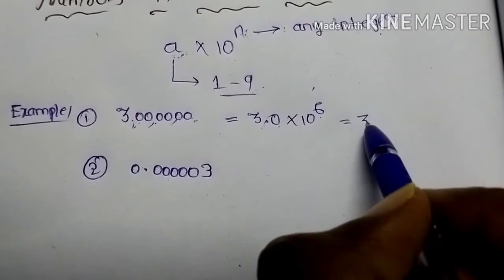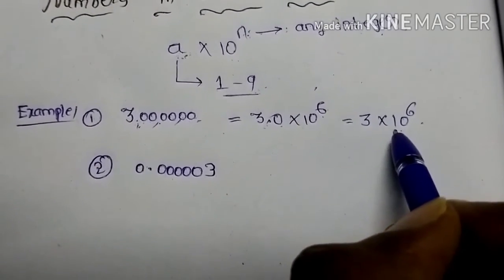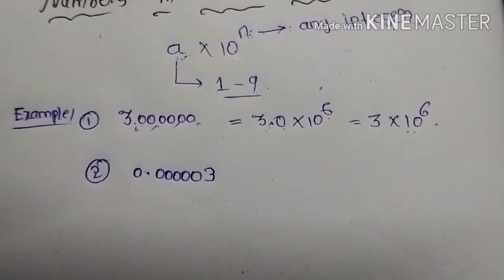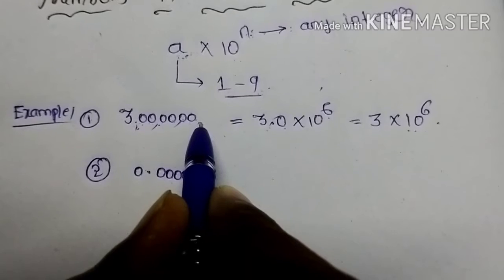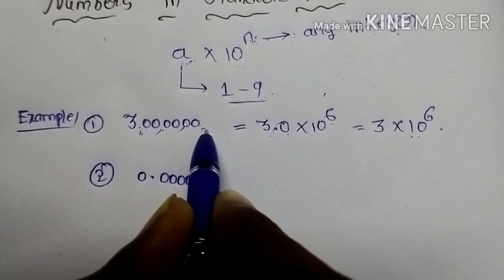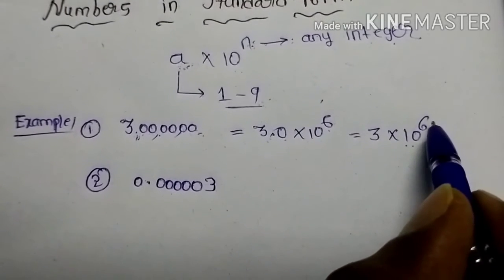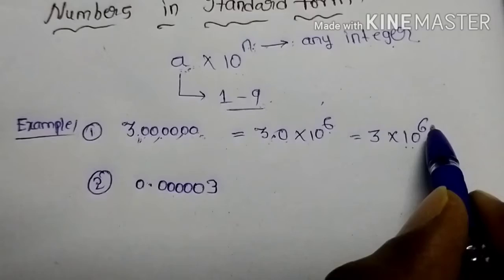This is the standard form of the given number. Remember, whenever we move the decimal point from right side to left hand side, you will get a positive exponent. That means 6 is positive or not?